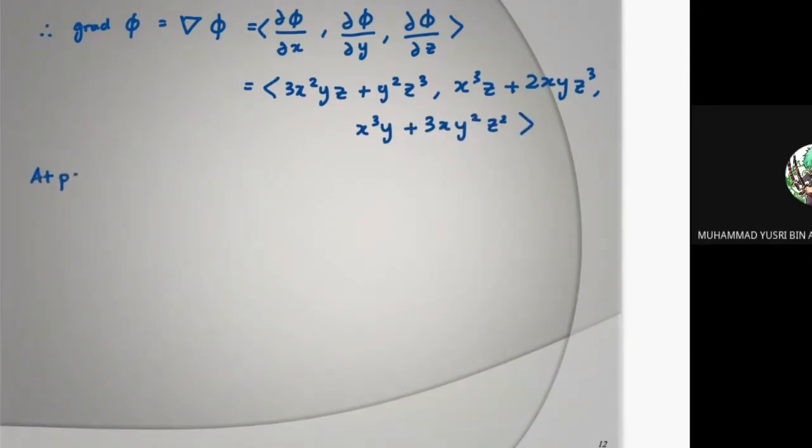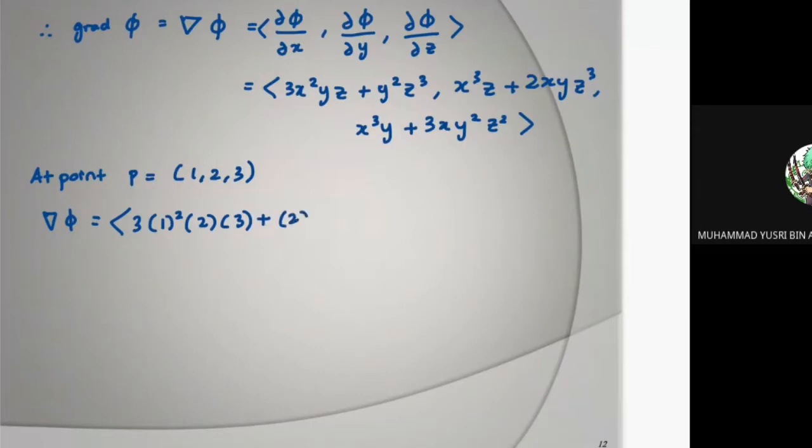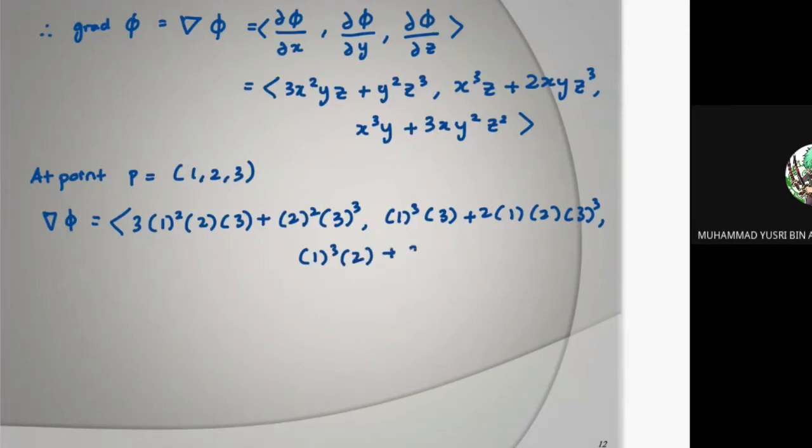So at point P (1, 2, 3), your gradient phi will be (3 times 1 squared times 2 times 3 plus 2 squared times 3 to the power of 3, 1 to the power of 3 times 3 plus 2 times 1 times 2 times 3 to the power of 3, and 1 to the power of 3 times 2 plus 3 times 1 times 2 squared times 3 squared).